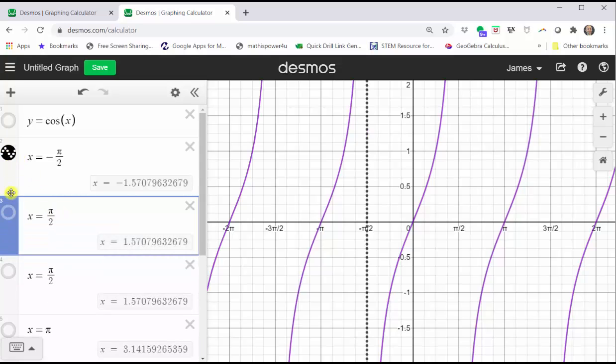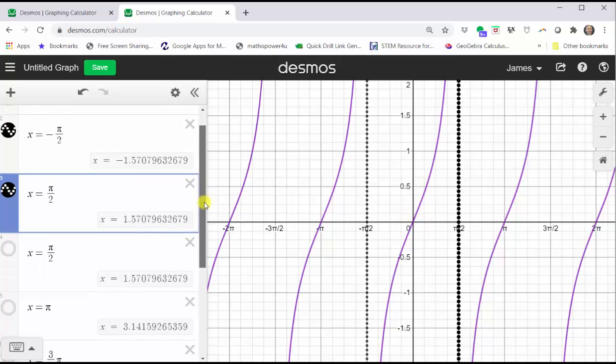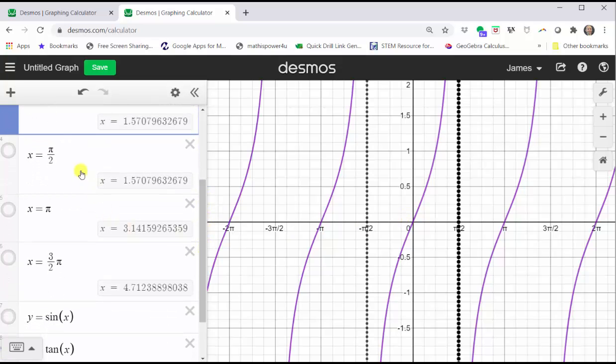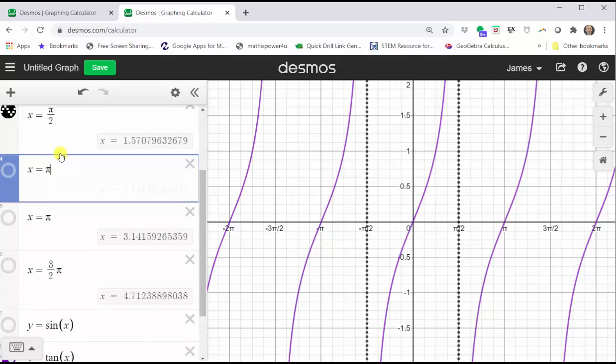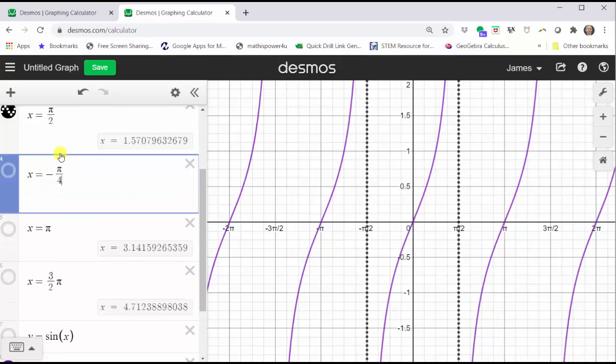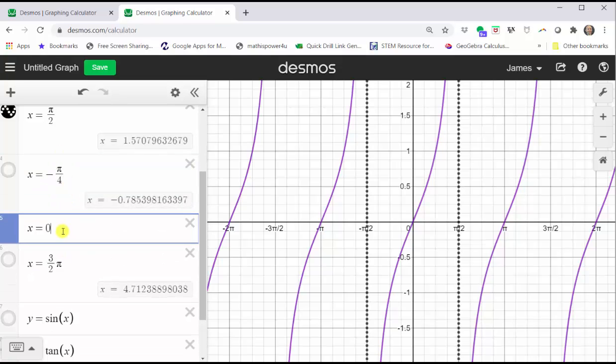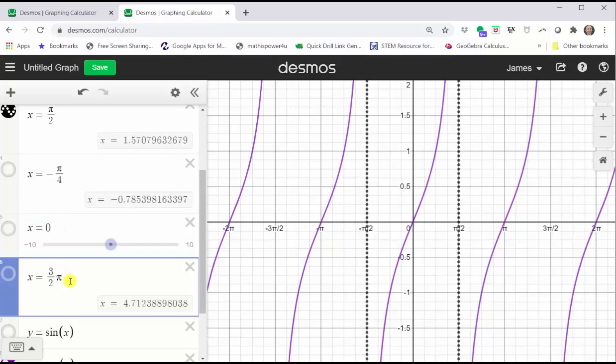Notice how this would be one period of the tangent function. And then we'll break this up into 4 equal subintervals. So let's also graph x equals negative π divided by 4, x equals 0, and x equals positive π divided by 4. Turn these on.